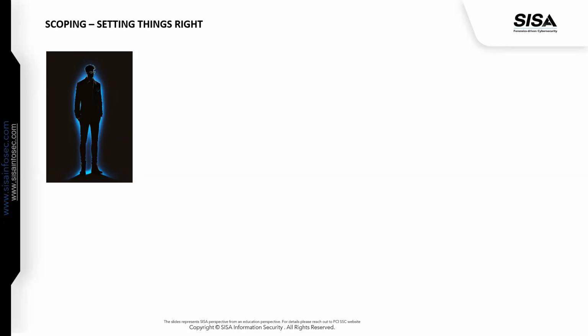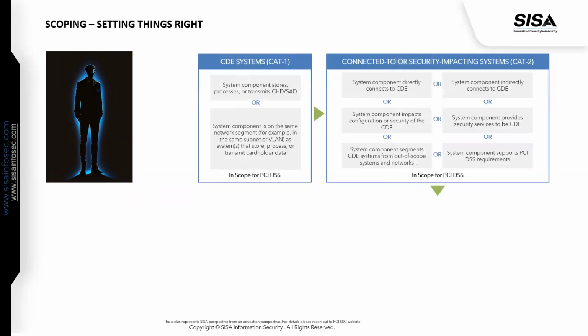But let's talk about it more from a technical perspective, and I have some criteria set for this. In this entire PCI DSS cardholder data environment, there are two categories: category 1 and category 2. Category 1 are the devices, network, systems or applications which are directly storing, processing or transmitting cardholder data, right?